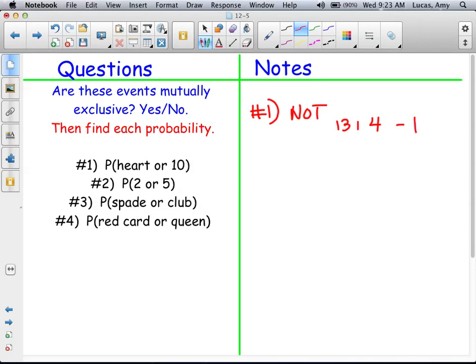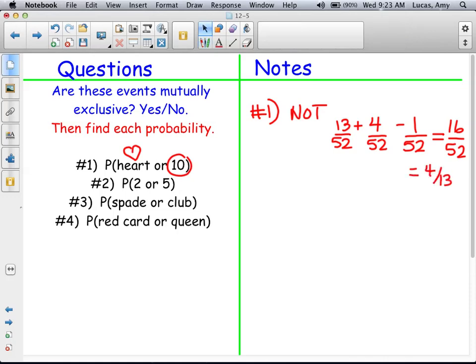So 13 out of 52 plus 4 out of 52, but then we have to subtract that one card that is a 10 of hearts. So 17 minus 1, 16. 16 over 52 reduces to 4/13. So 4/13 is our final answer.